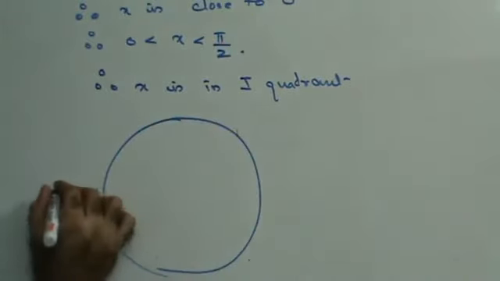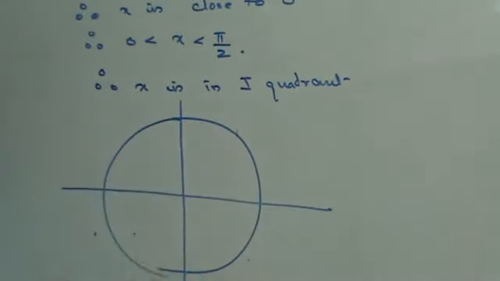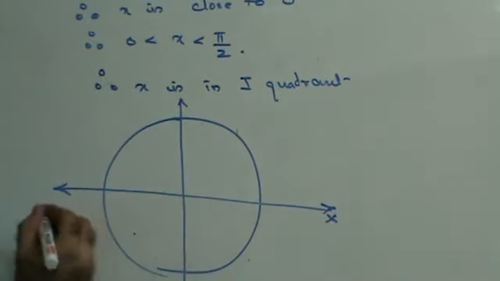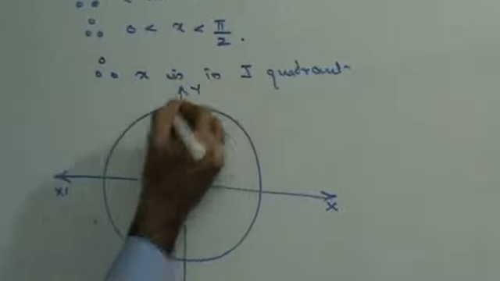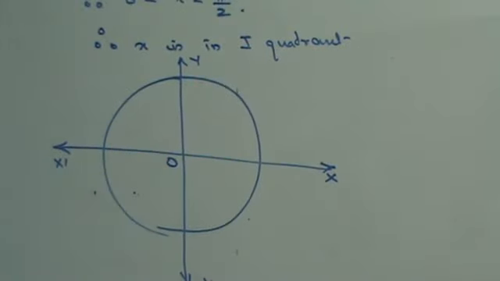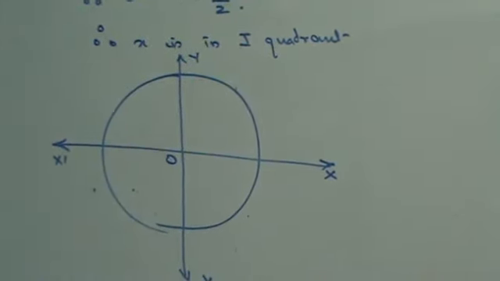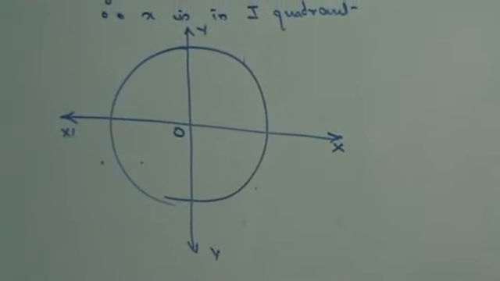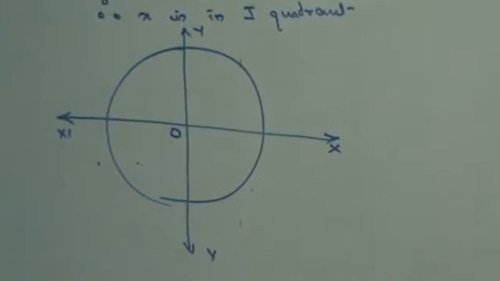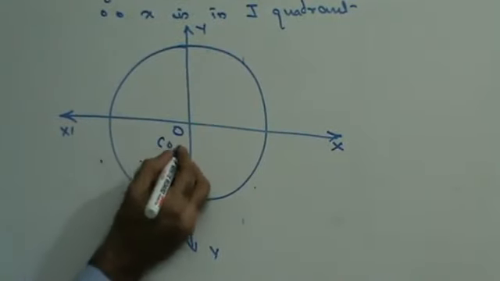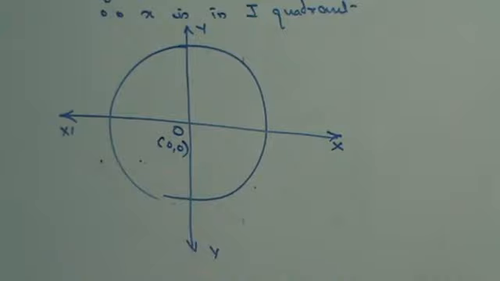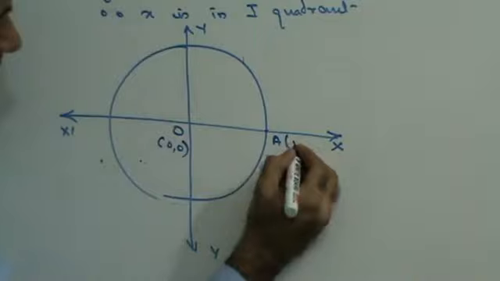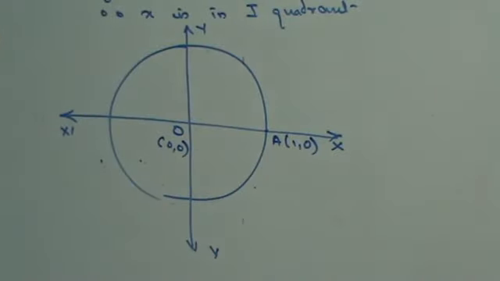Let's draw a diagram to explain this. Let's assume that these are the axes x, x bar, y, y bar. This is an origin. Let us draw a unit circle with O as the center. O is 0, 0. Right? Now, if it is a unit circle, then point A, which is on x axis, will be 1, 0.